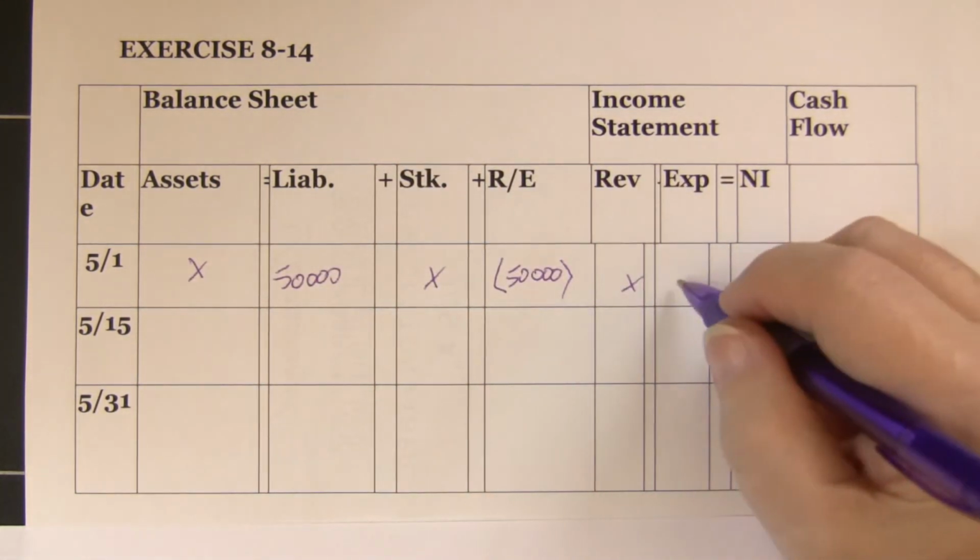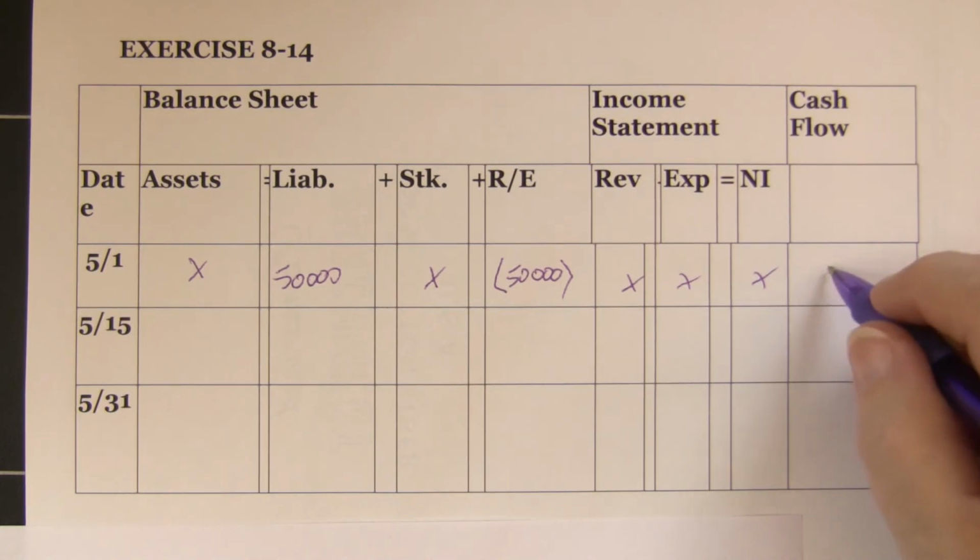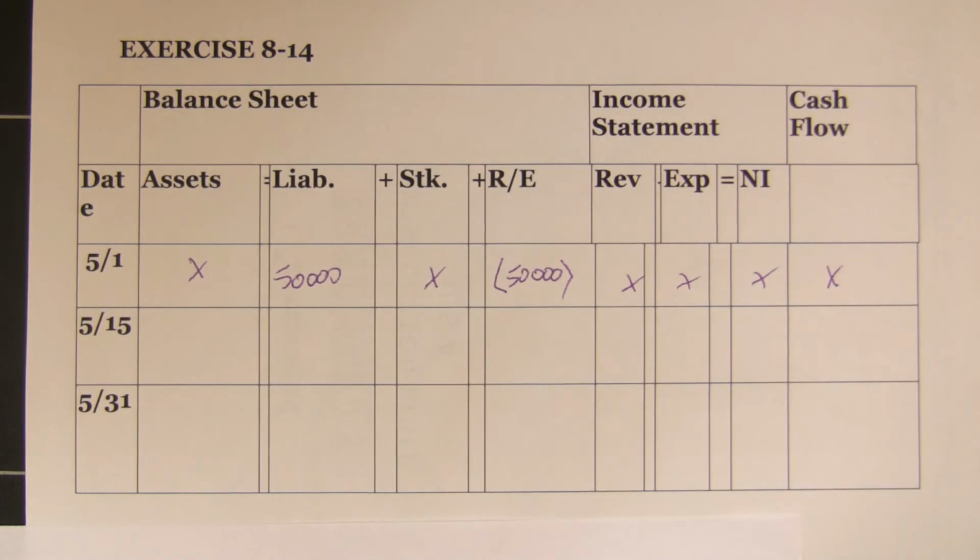And nothing else is affected. And it is clearly no cash, because all we did was talk, and there is no journal entry for talk. Not only is talk cheap, it's free and not recorded.